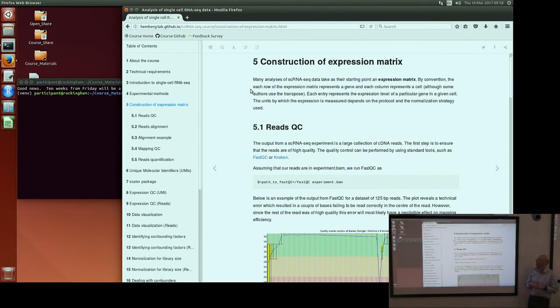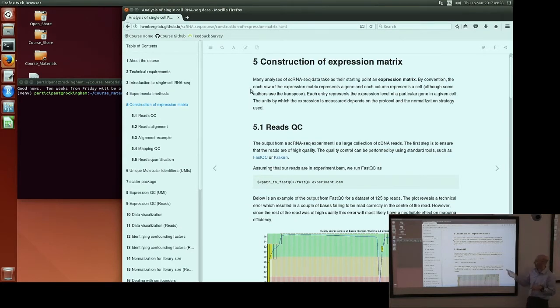Anyway, going back to the first step, which is quality control of the reads, we recommend using one of the standard tools, for example FastQC or Kraken. Here we have been using FastQC, and this is an example taken from experimental data generated by some of our collaborators.